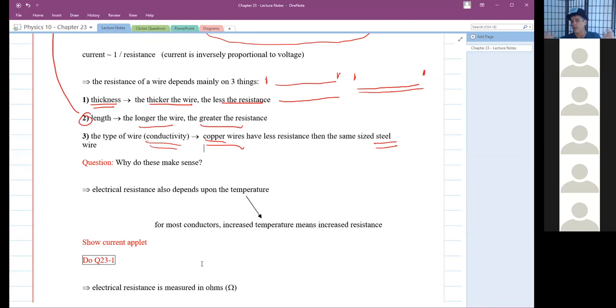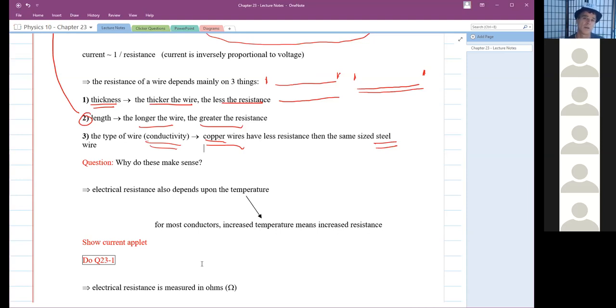But now I put on some heavy metal, and people are bouncing around and moving, bam, bam, bam. Now if I'm trying to walk through the hallway, it's going to be a lot more challenging. I'm going to keep getting knocked into. This is what's happening in a wire as it heats up. It's going to be harder for electrons to flow from one end to the other.